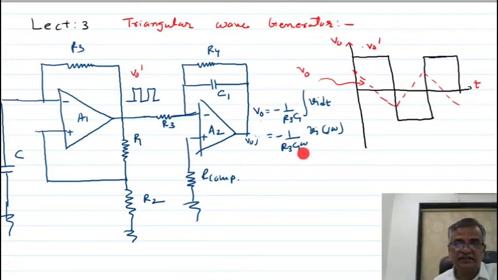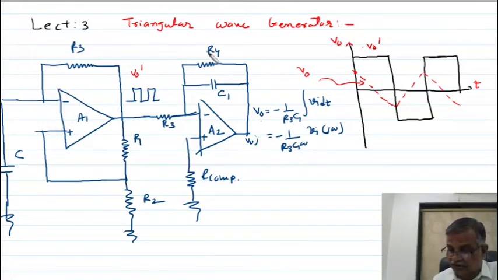The reason is that as frequency increases, the reactance of the capacitance decreases. As a result, the amplitude of the triangle wave decreases with increasing frequency. Remember, with increasing frequency, the amplitude of the triangle wave decreases.